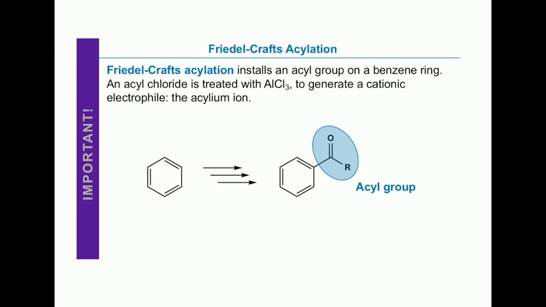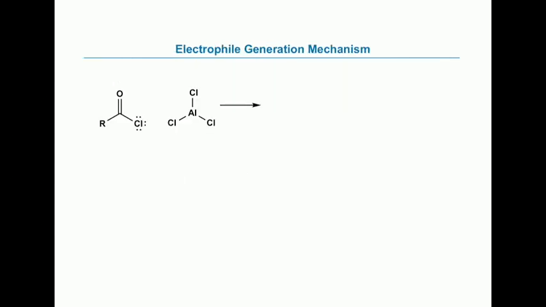So here, we use the same type of activation, it's aluminum trichloride, and we're going to start with acyl chlorides, acid chlorides. So it's a higher oxidation state. What we generate here is a different electrophile, but it's similar in form to what we've had before.